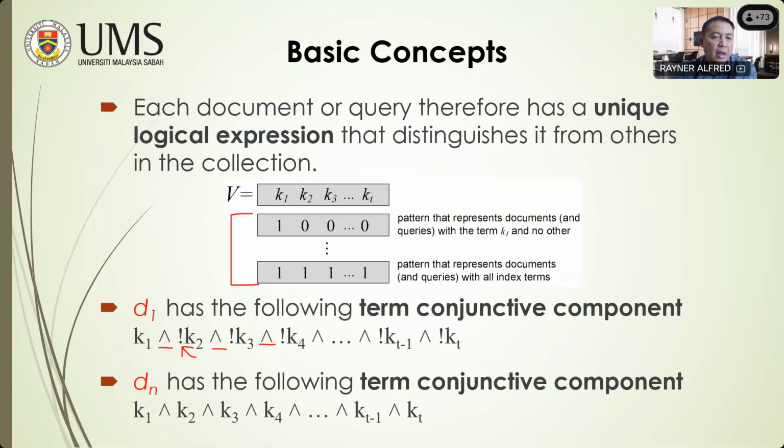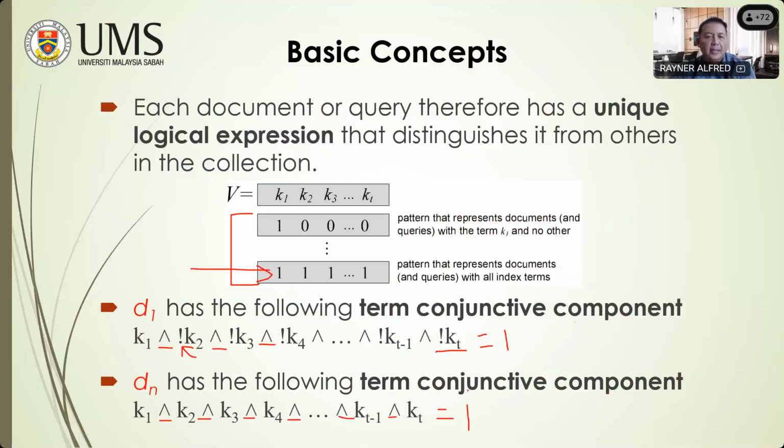Which means that document 1 has the following term conjunctive component, which is K1 and not K2 and not K3 and so on, until not KT here. For this one, we have and also, but all of them will be 1, so the final expression will be 1.